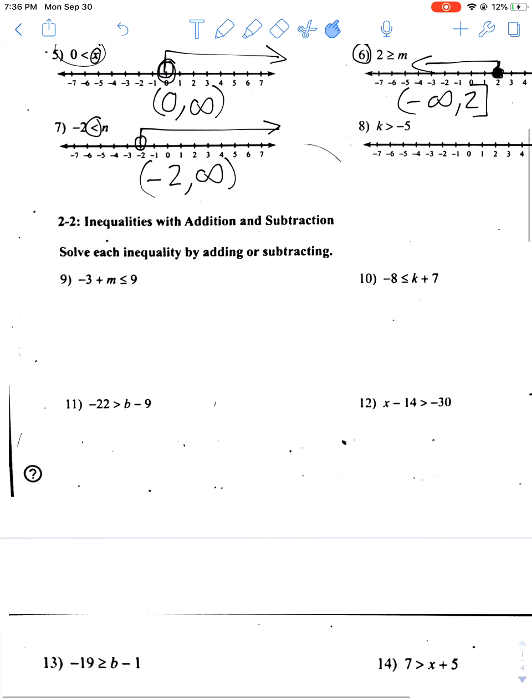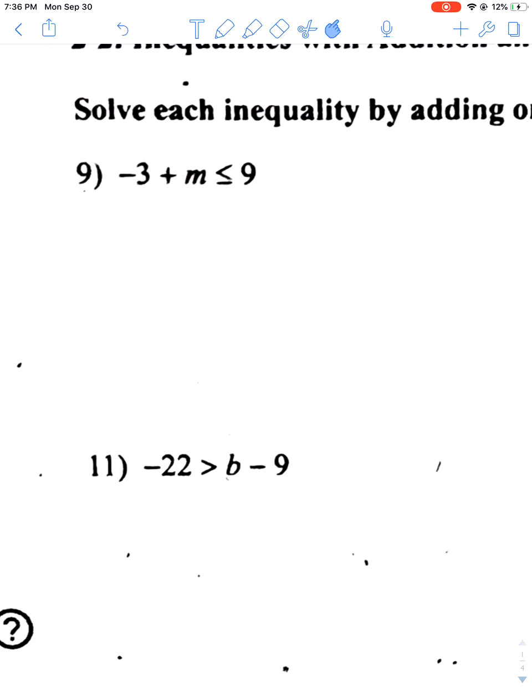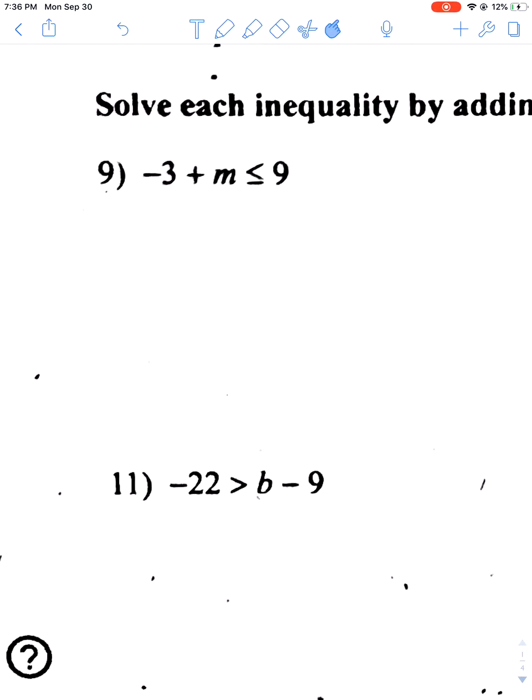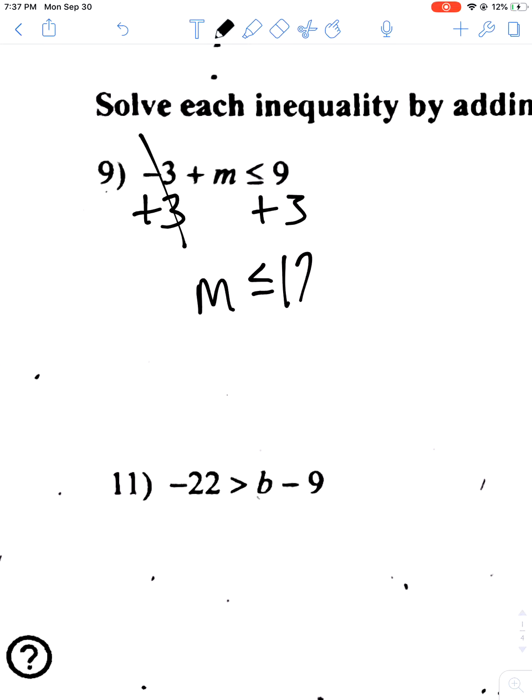Alright. Let's solve a few of these. So we want to get the variable by itself. Well, to undo subtracting 3, I need to add 3. That'll make this cancel. If you do it on one side, you got to do it on the other. So m is less than or equal to 12. To graph that, we put a 12.